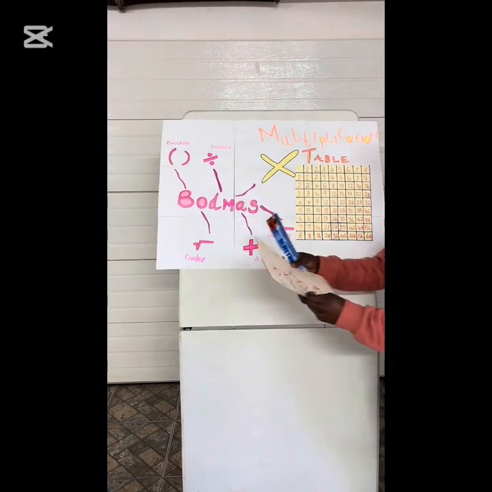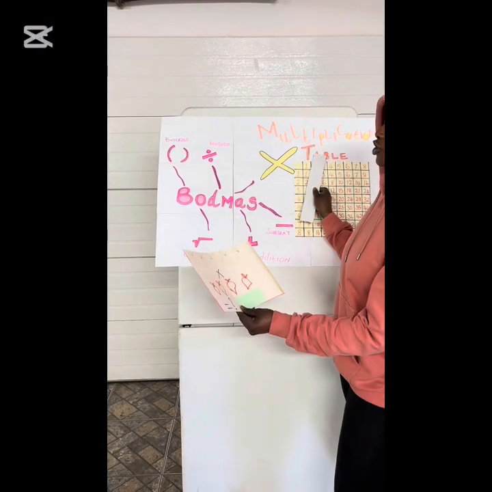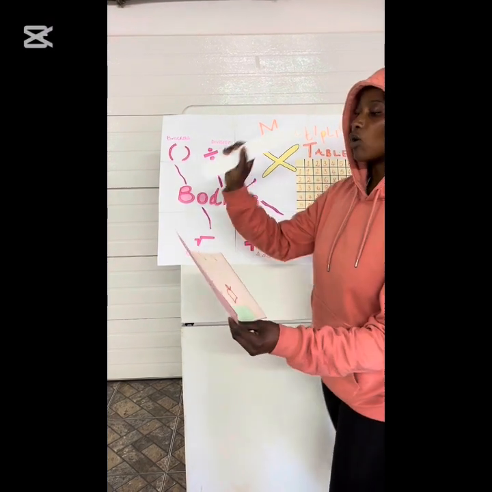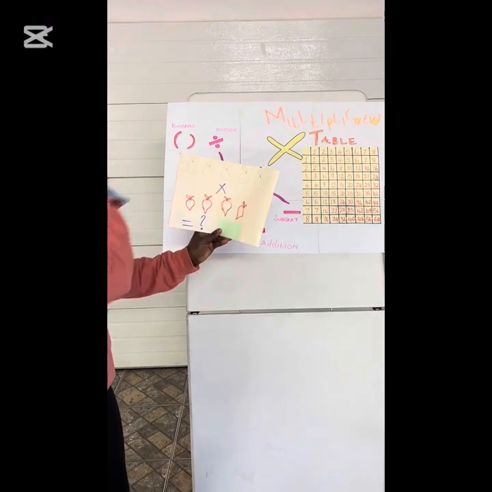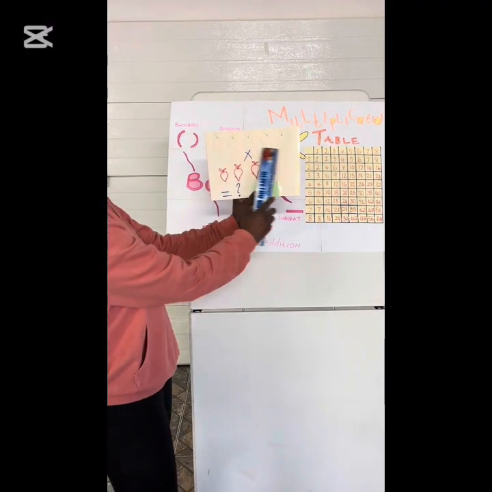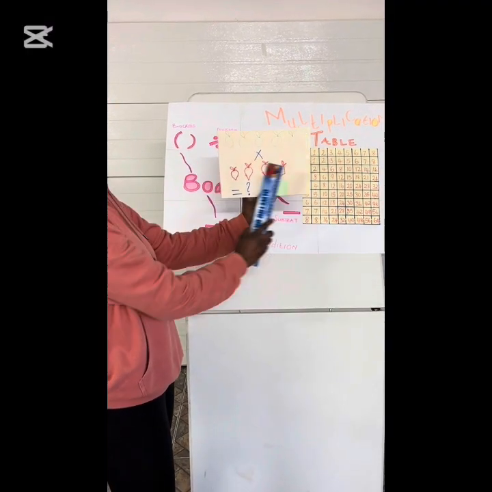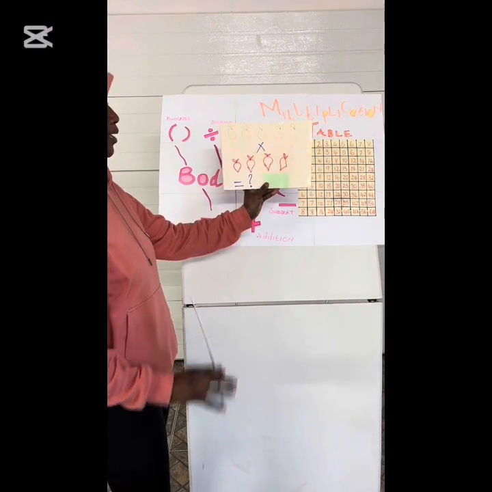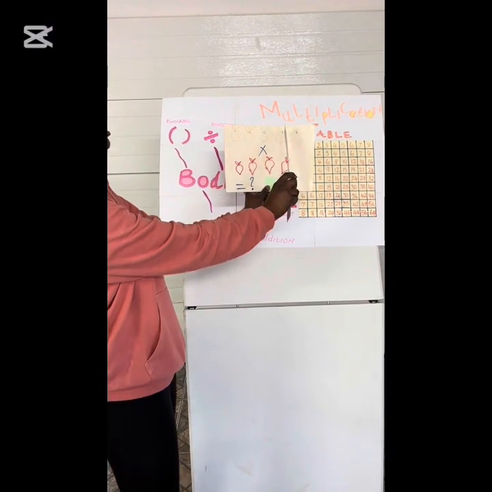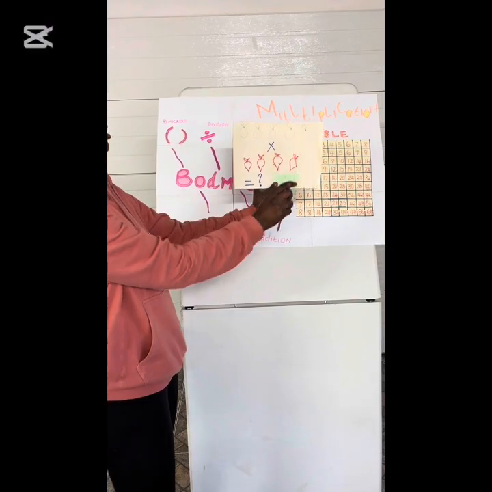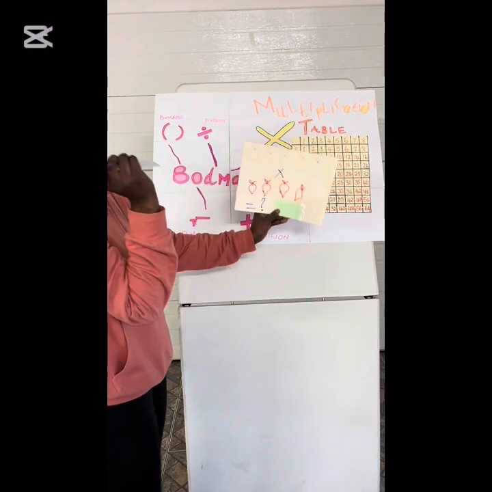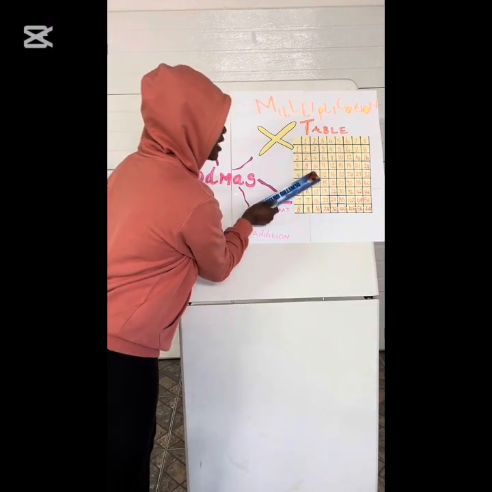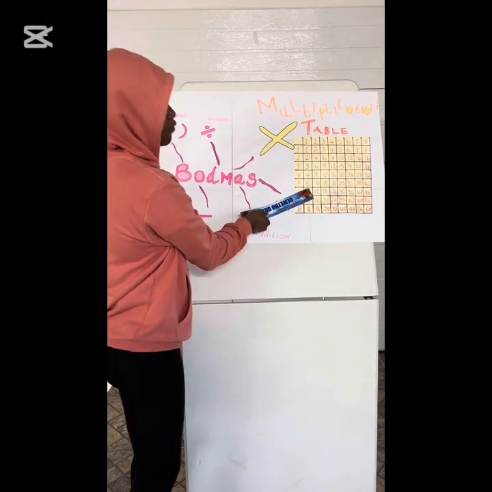Here are some examples of multiplication. Like I said, we're going to focus on multiplication. Given the equation below, there are 5 apples and 4 strawberries. To multiply these apples and strawberries to get the correct answer, we have to use the table that is provided.